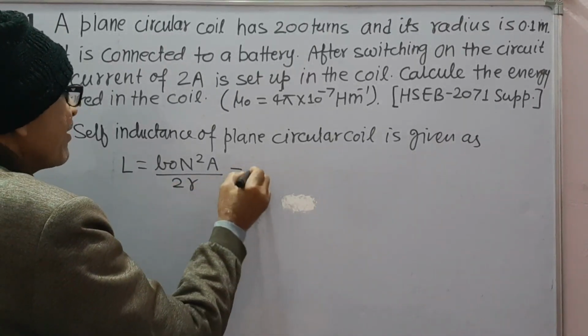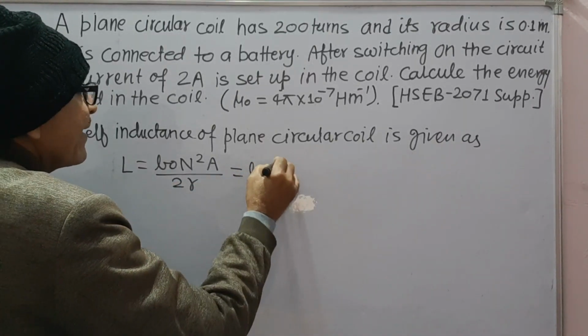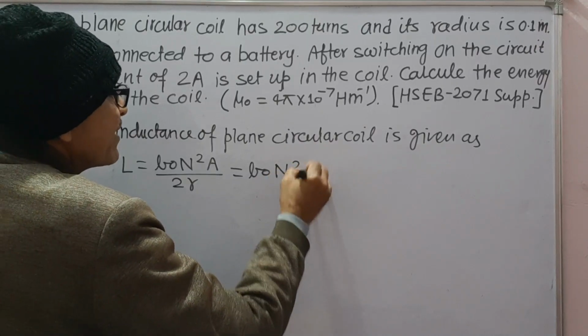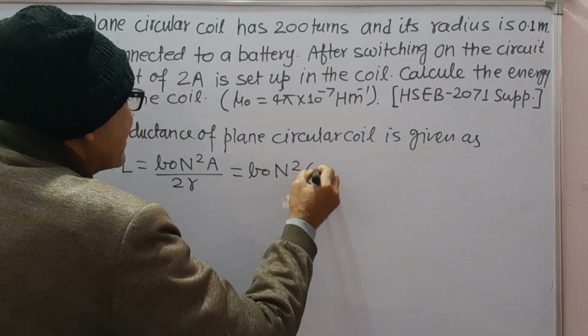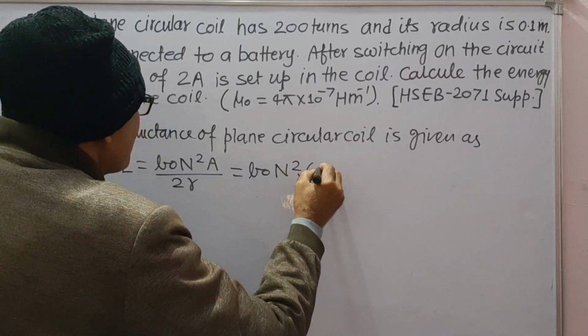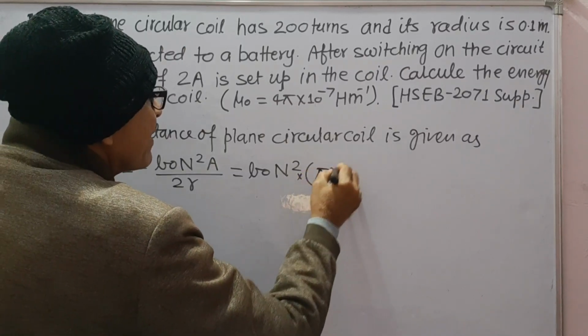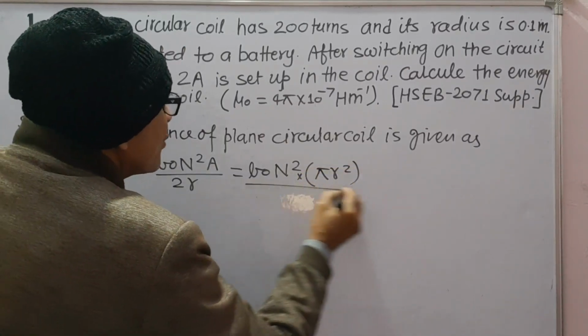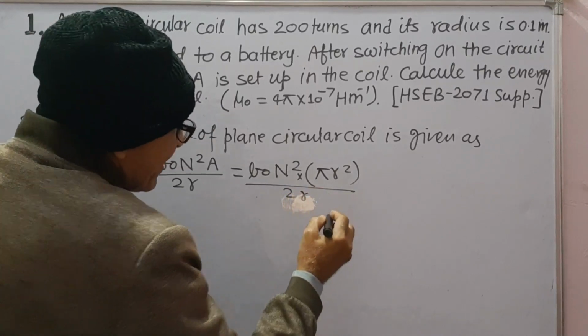This becomes mu naught N square, A means area of each turn, pi R square, upon 2R.